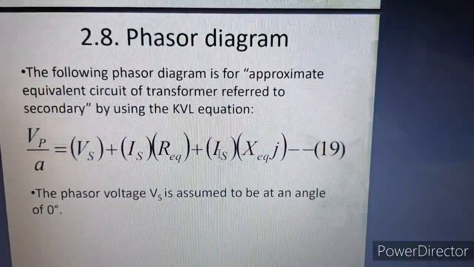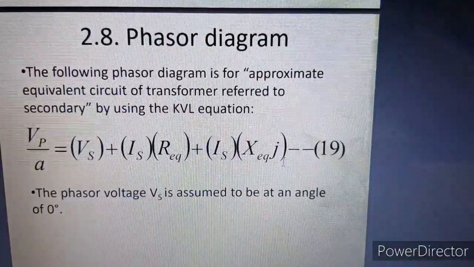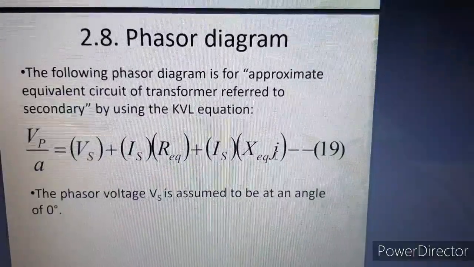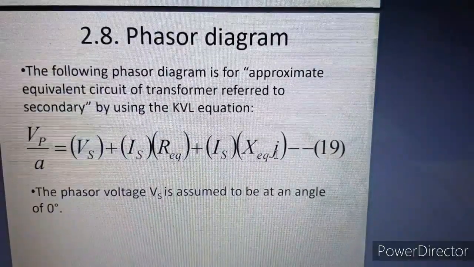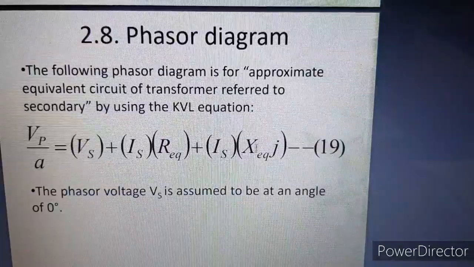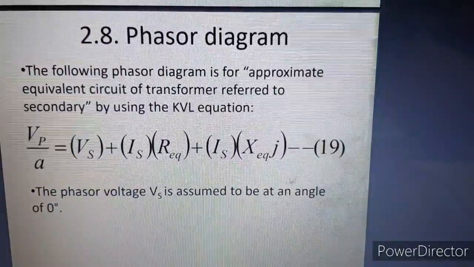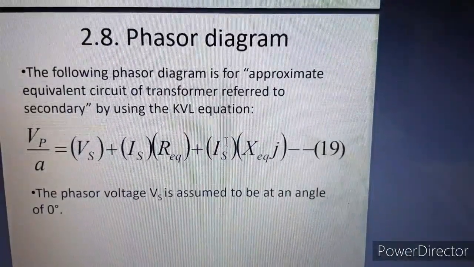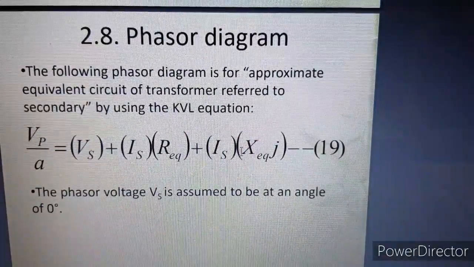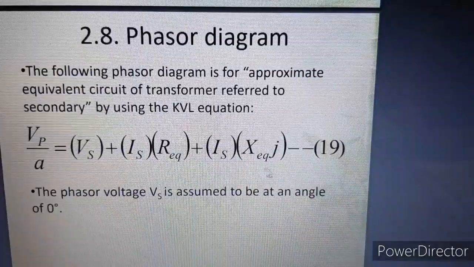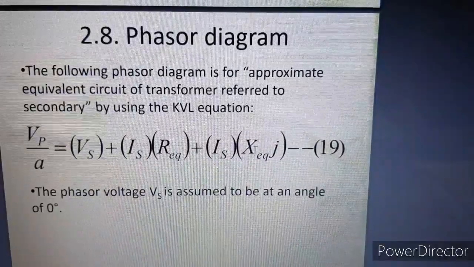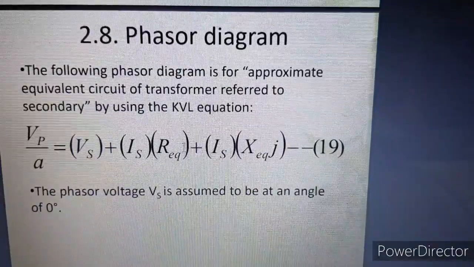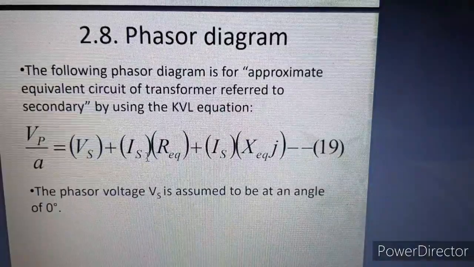The third term is Is, which still follows the angle of Is, but X equivalent has j. j is actually 1 at an angle of 90 degrees. If you multiply these two, this third term will no longer follow the angle of Is. How do we know the angle? Without the j, X equivalent times Is would follow exactly the same angle as the second term.